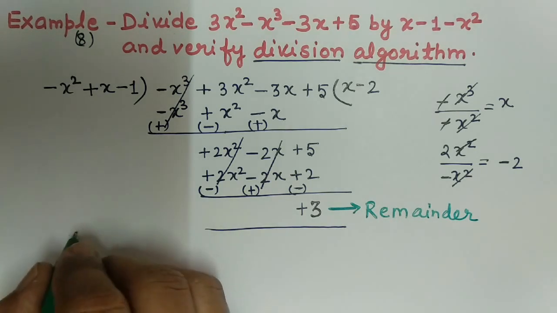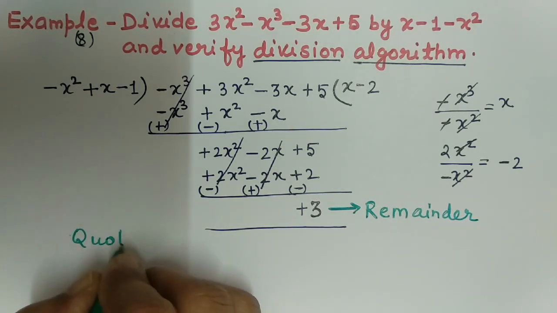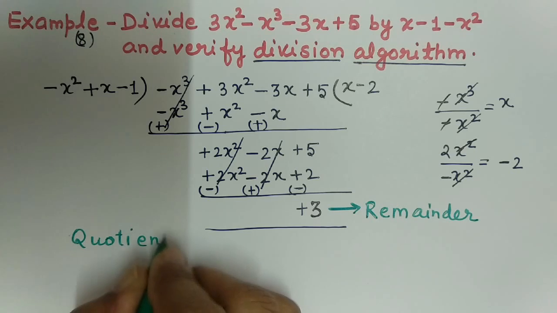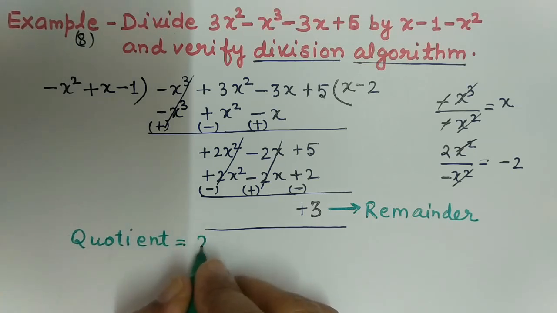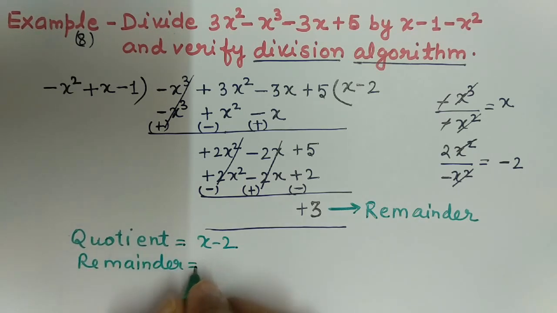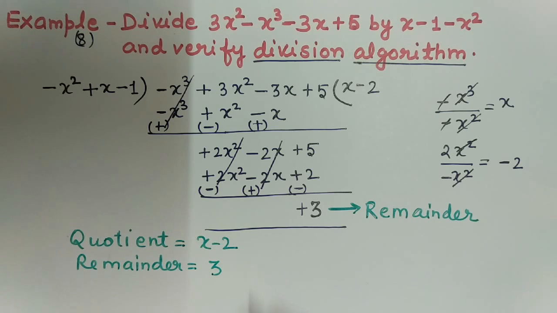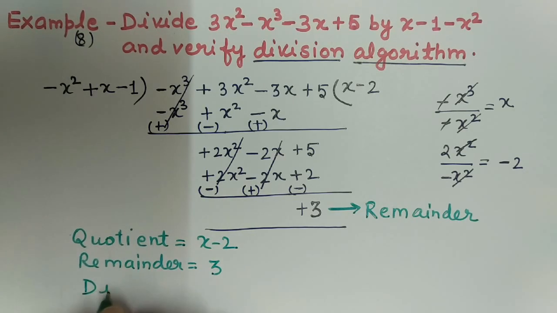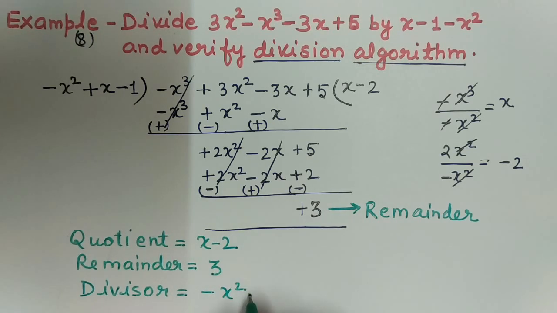Now the quotient is x minus 2 and the remainder is plus 3. What was our divisor? Divisor was minus x square plus x minus 1.